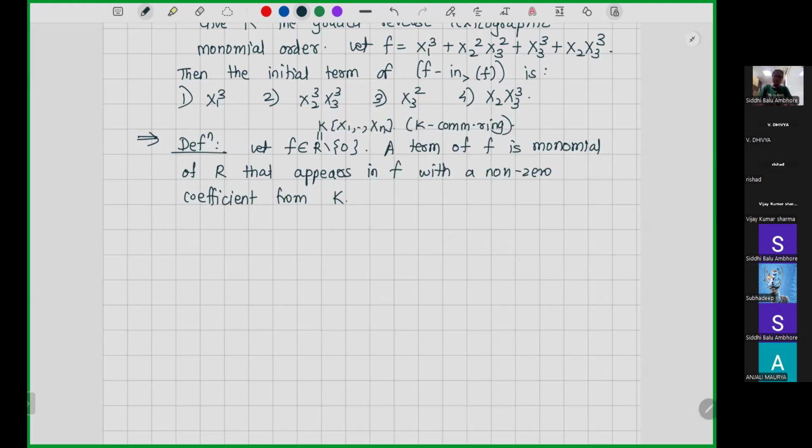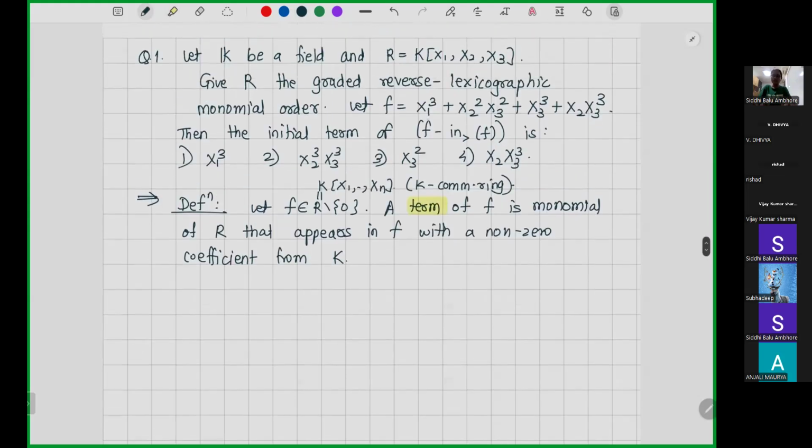So this is the definition of term. For example, in this F, x1 cube is a term, x2 square x3 square is a term, x3 cube is a term, and each monomial gives us a term of the polynomial.